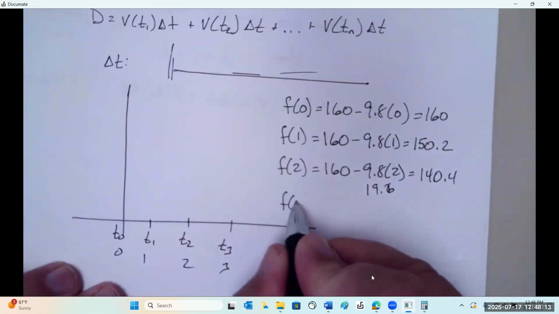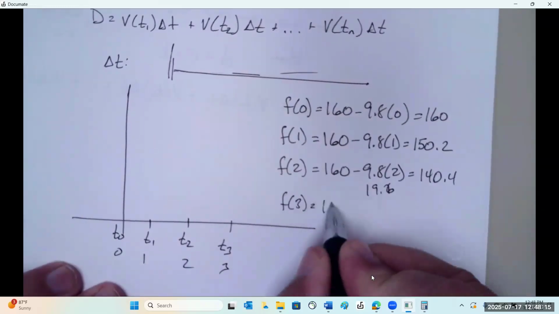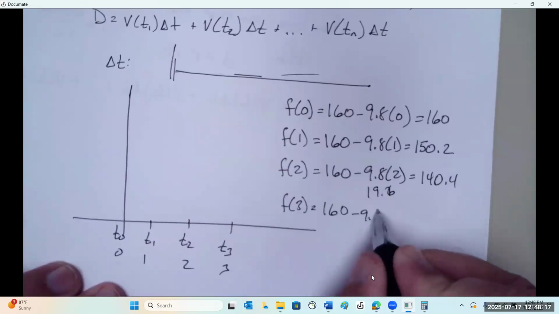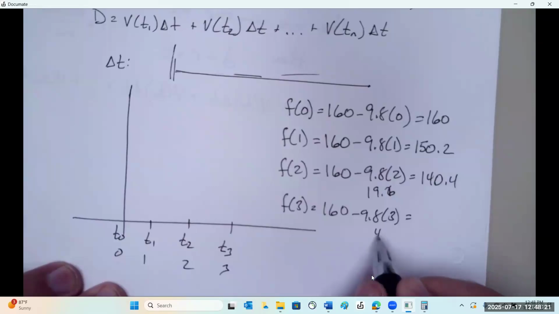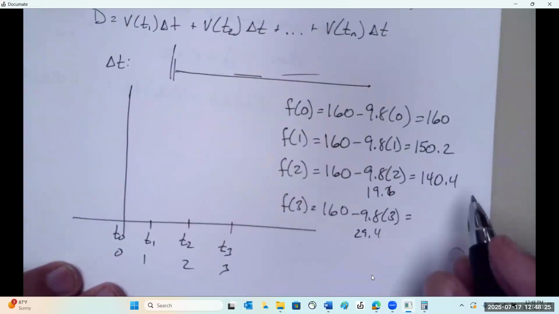And then at 3 seconds, 160 minus 9.8 times 3, which is 29.4.